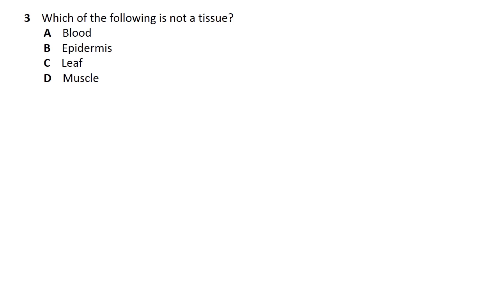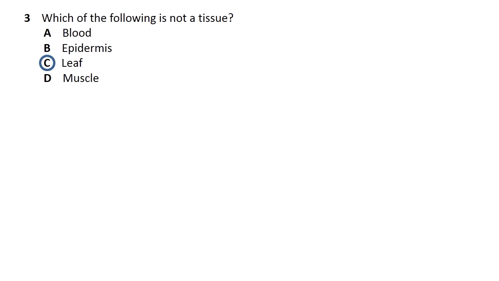Question number 3. Which of the following is not a tissue? So here our answer is C, a leaf. Remember, a tissue is a group of cells working together.